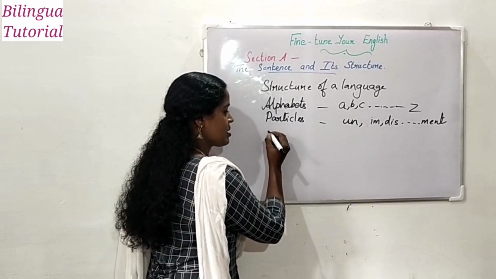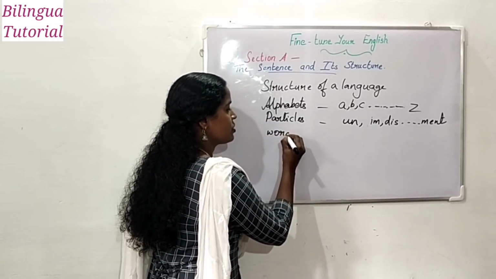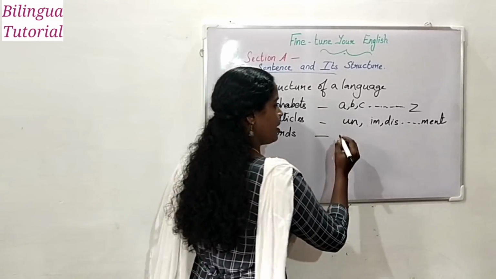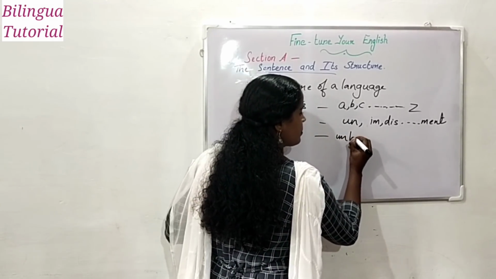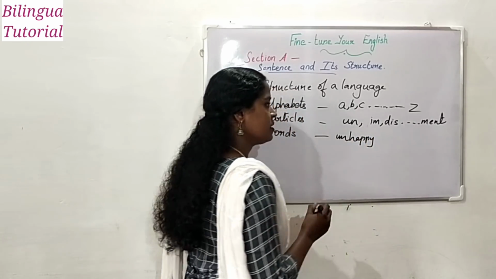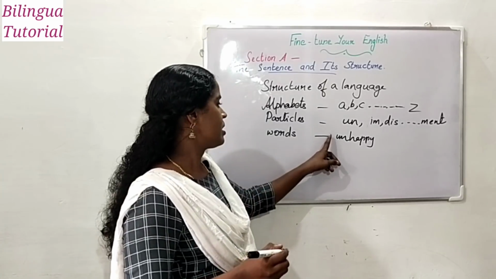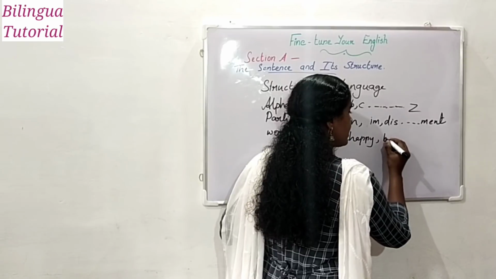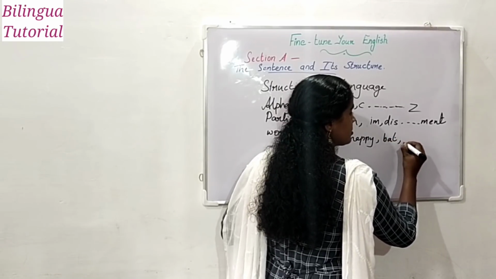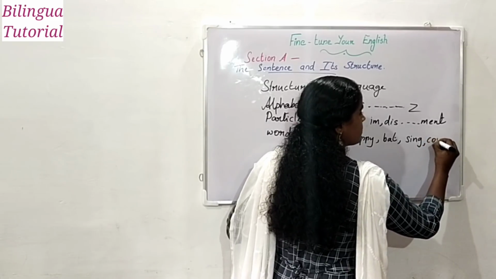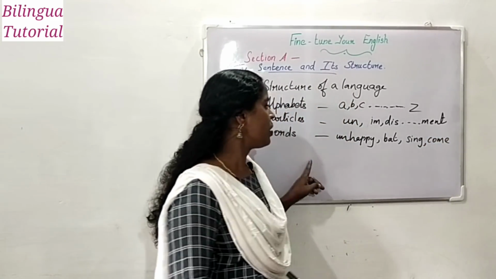So, combining some more alphabets to the particles, we will get words. The word we have written there, un plus happy, unhappy, is a word. But we also have small words just like bat, sing, come. These all are words.